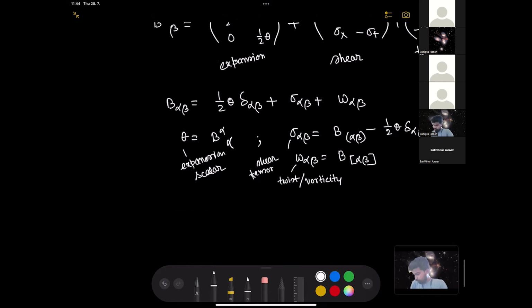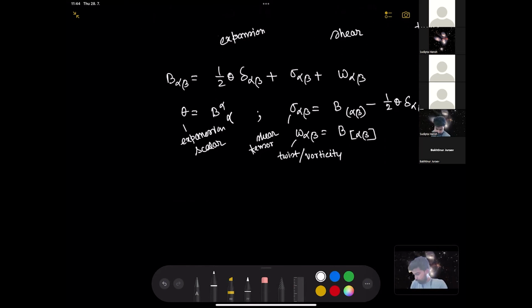So we can write in this way, and in 3D settings, the only change will be that it will be a 3x3 matrix instead of 2x2. And here we will have B alpha beta equal to 1/3 theta h alpha beta plus sigma alpha beta plus omega alpha beta.